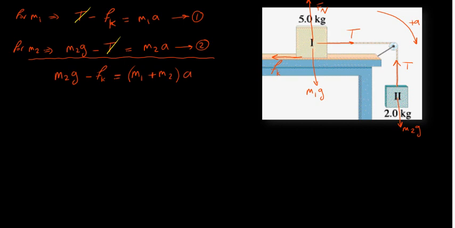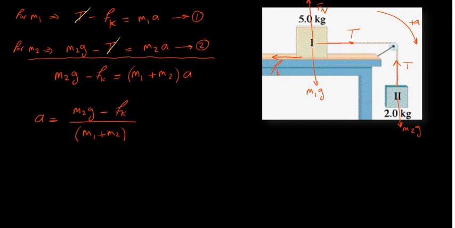Now from here, the acceleration equals the weight of the second mass minus the kinetic friction force, divided by the combination of the two masses. Now here we have to stop, because all elements, the second mass, the combination of the two masses, or the weight of the second mass, are easy to calculate or find.